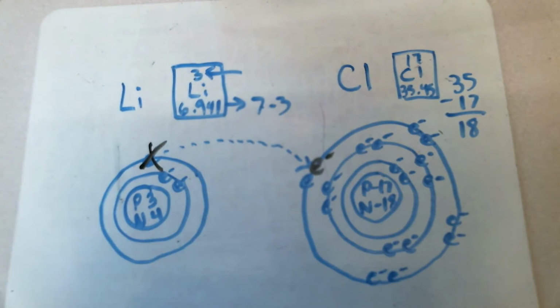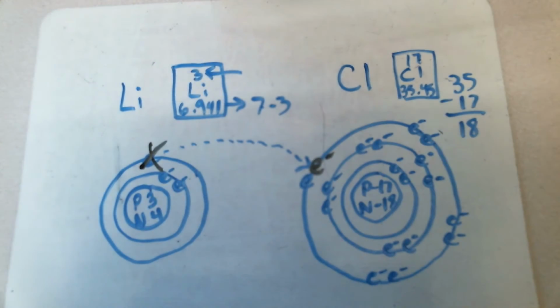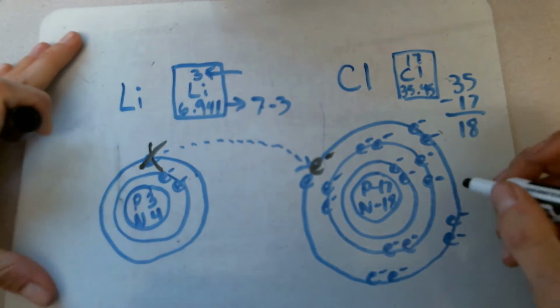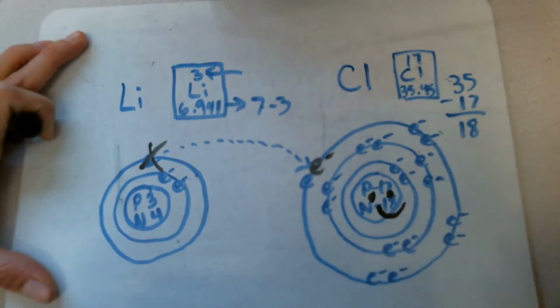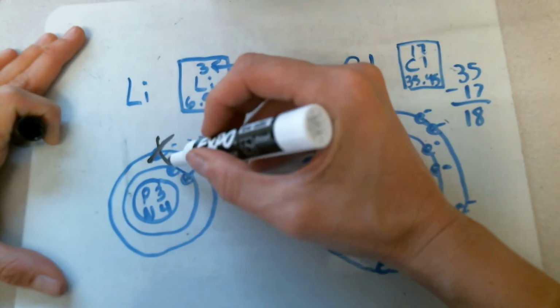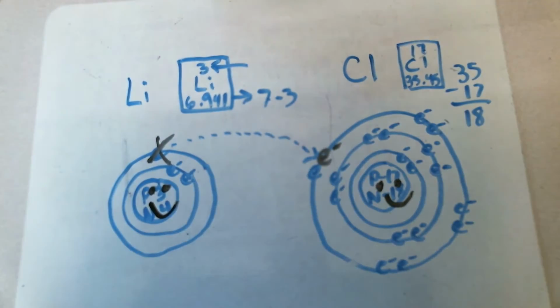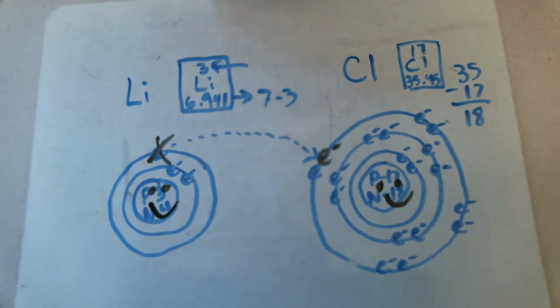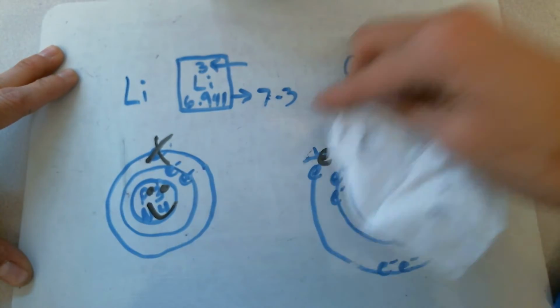So when we have that electron over there, this one is now happy, right? All of the orbitals are full. So I'll make a little smiley face here to remind us that this one's happy. And also this one's happy. Its outermost electron orbital is full. Okay, so let's erase this little movement line so you get the idea.